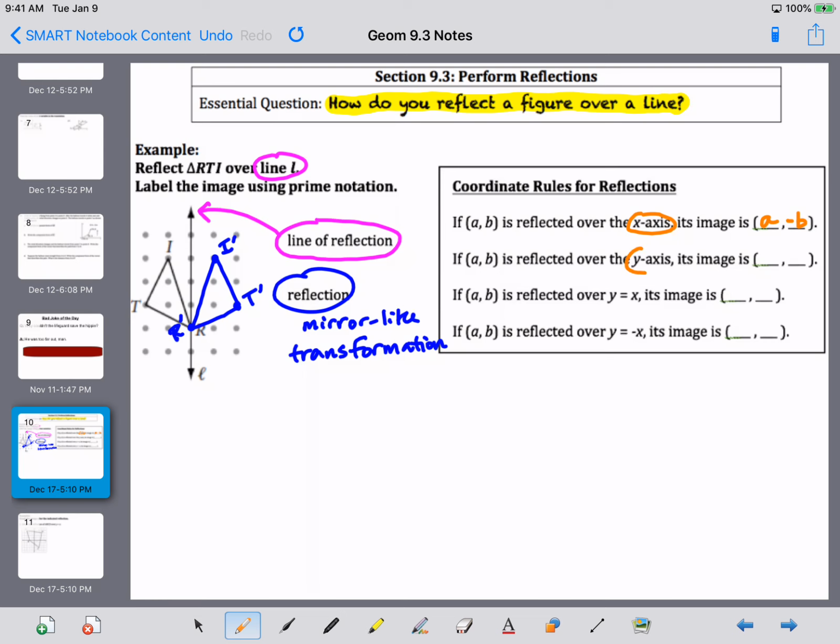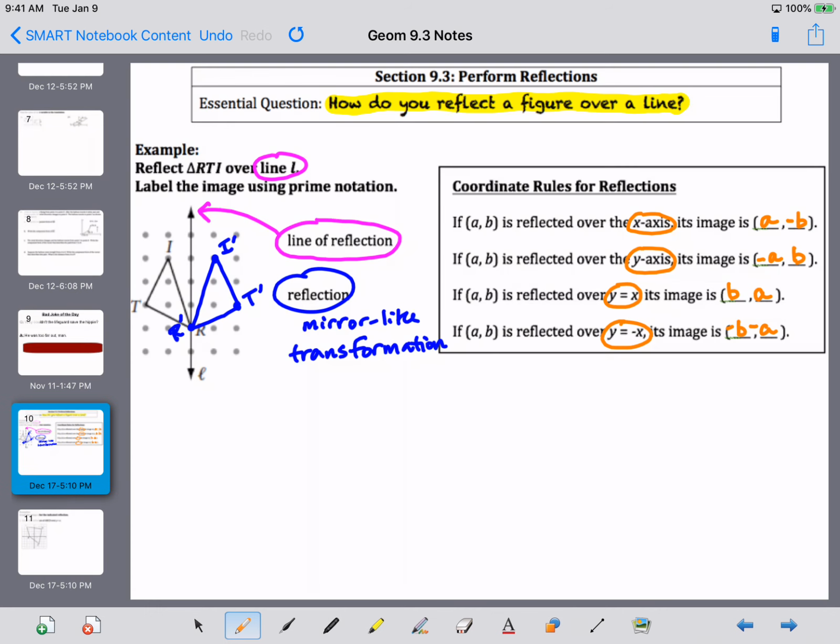If you're reflecting over the y-axis, A becomes opposite and B stays the same. If you're reflecting over the line y equals x, you flip-flop the B and the A. And lastly, if you reflect over the line y equals negative x, you flip them and you make them both opposite. All right, so let's use those rules here.